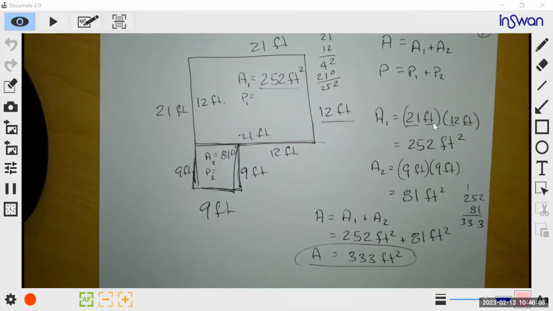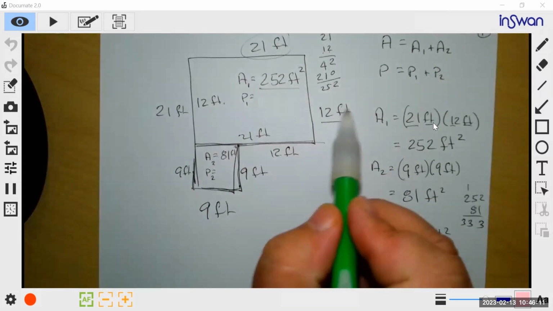To find the perimeter, just go ahead and add the lengths of each side.